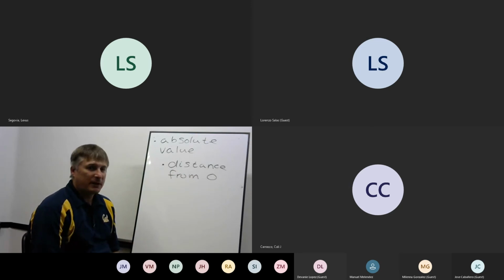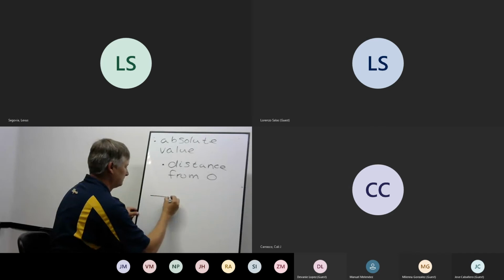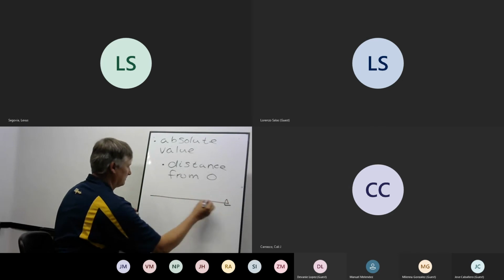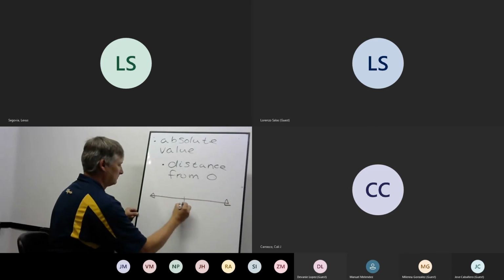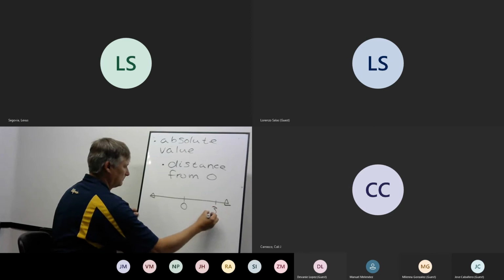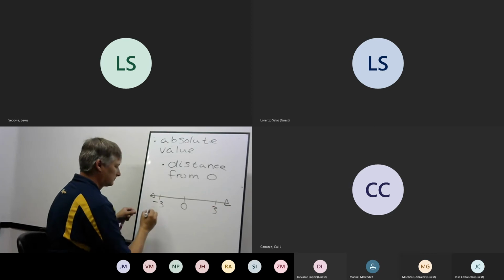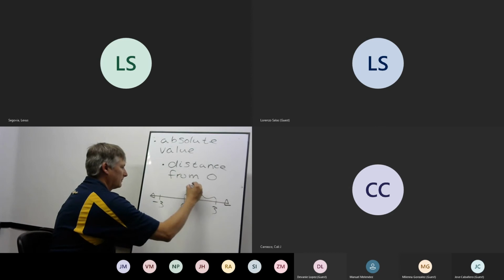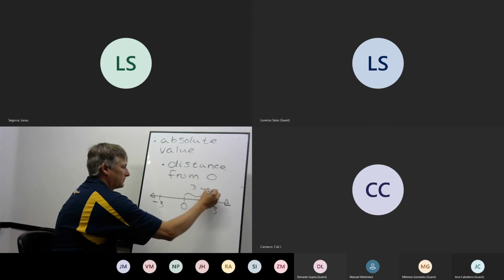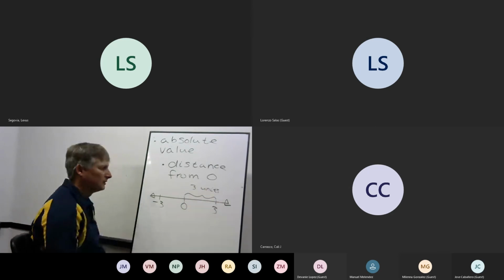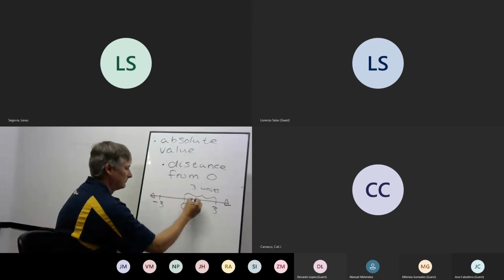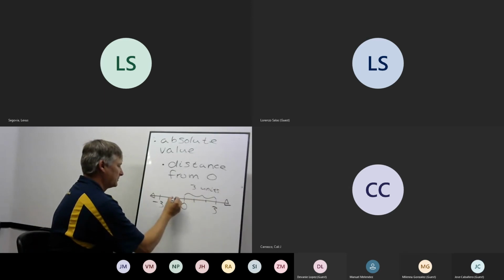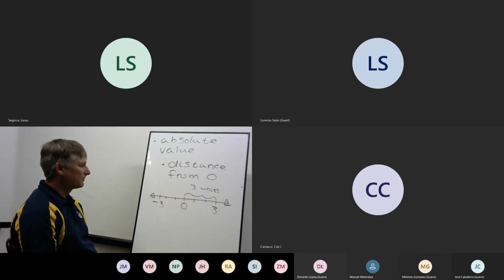So, for example, if we take a look at 3, it's 3 units from 0. There's 1, there's 2, here's -1, here's -2.